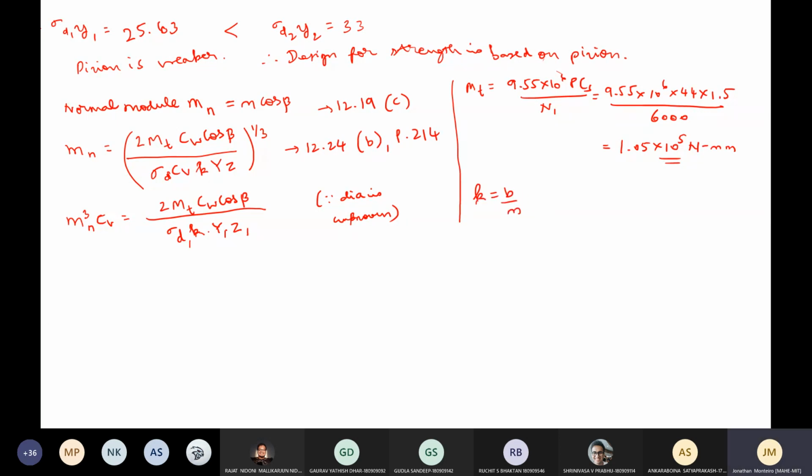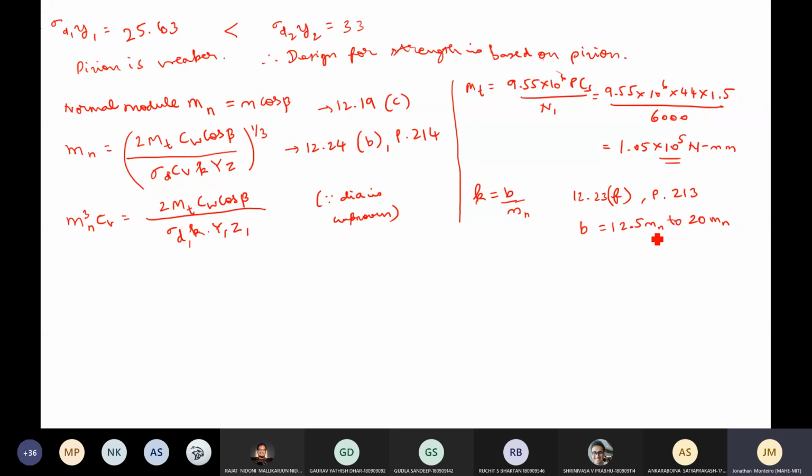Let us go to that part. It should be b by mn, which is more proper because we are dealing with the normal module here. For this, which value to use? Let us go to equation 12.23 F, page number 213. The range given there is b should be 12.5 times mn to 20 mm. What change do we find here with respect to spur gear?